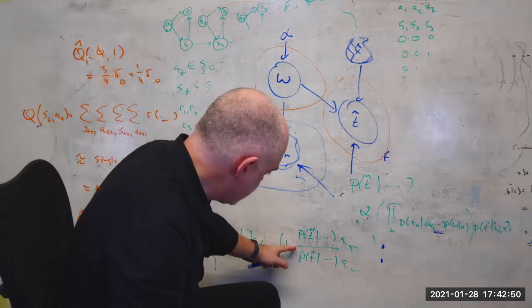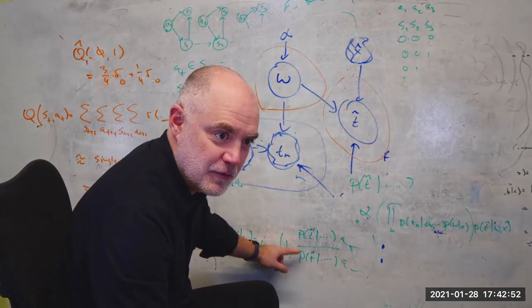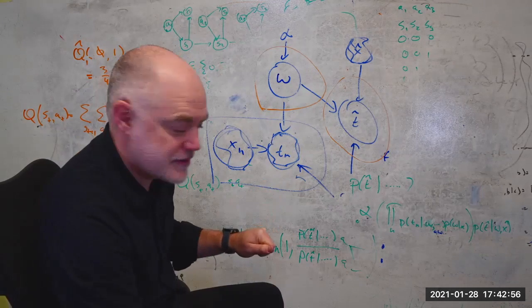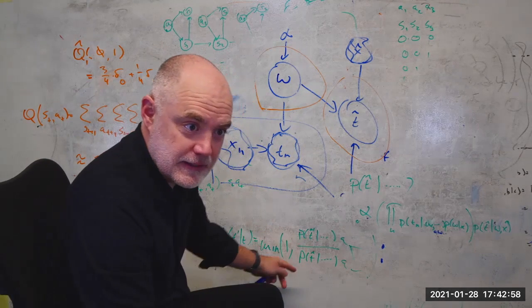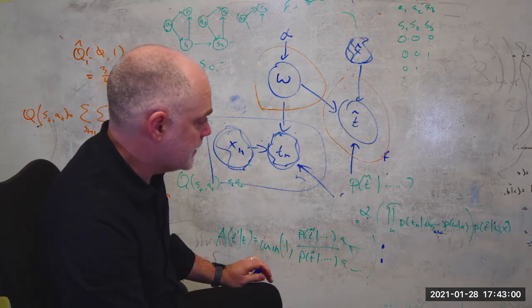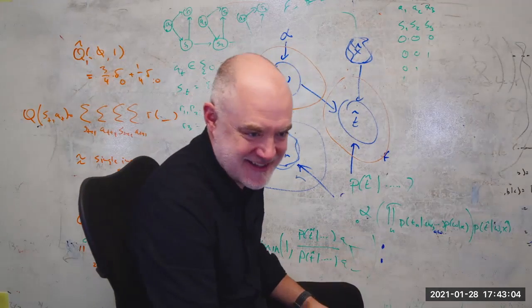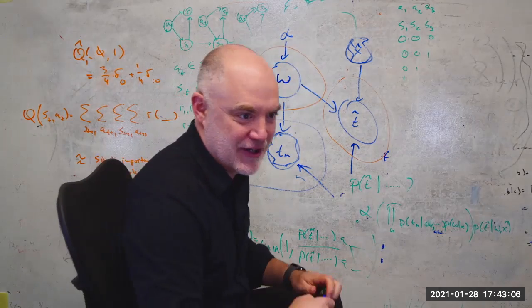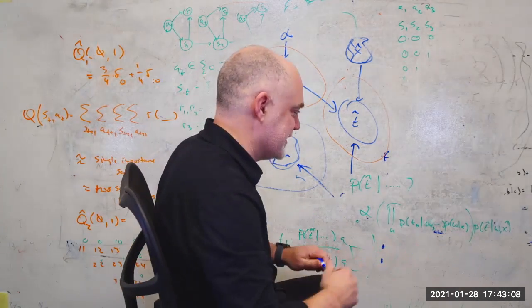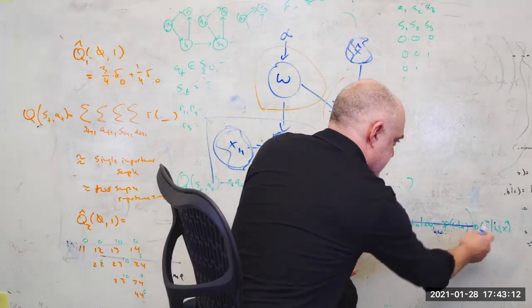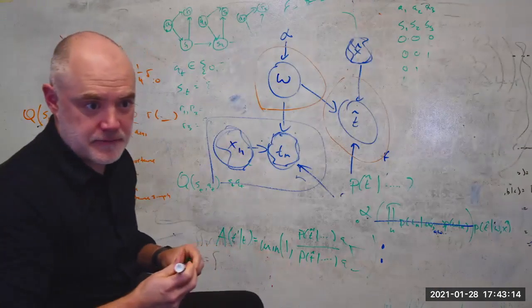If you look at the Metropolis kernel for sampling from the conditional distribution of T hat given everything else, the only terms that appear with T hat in them are those.